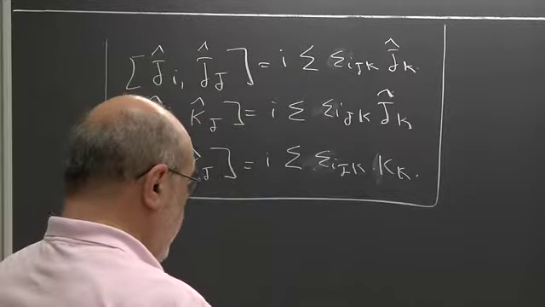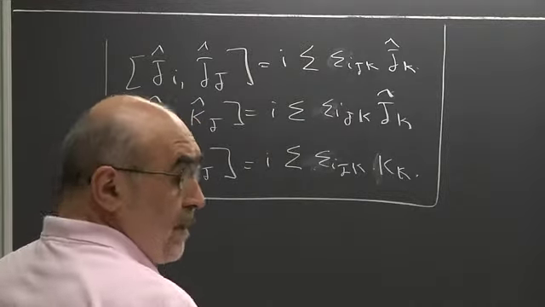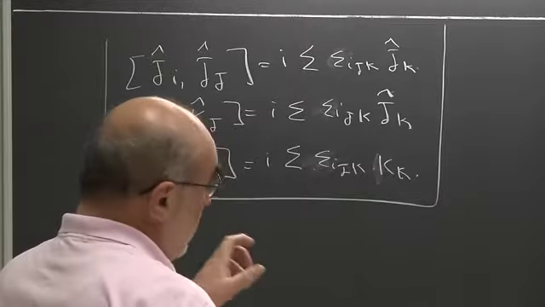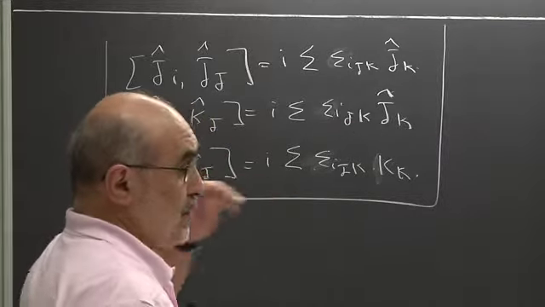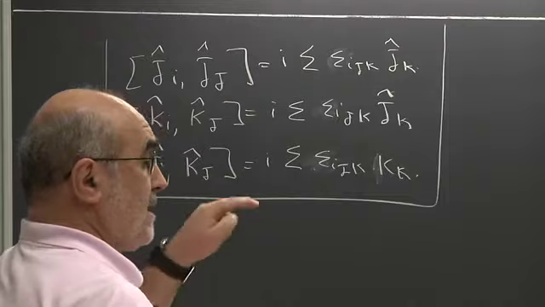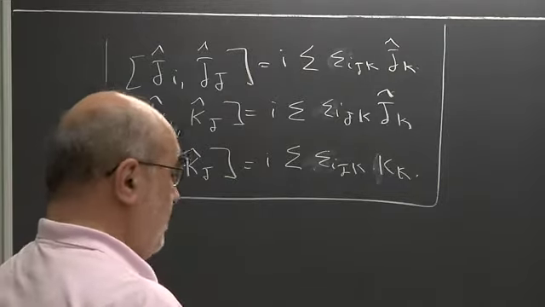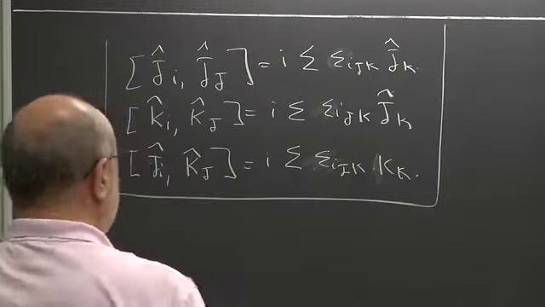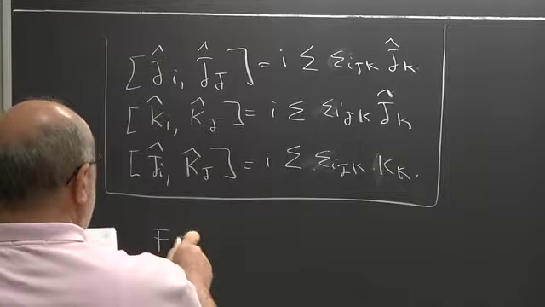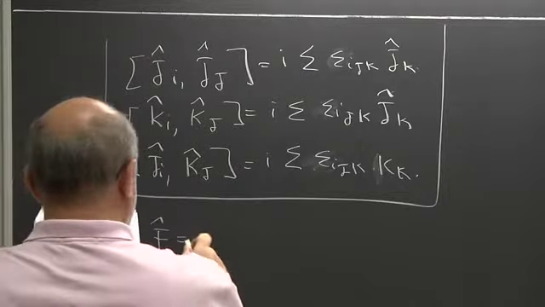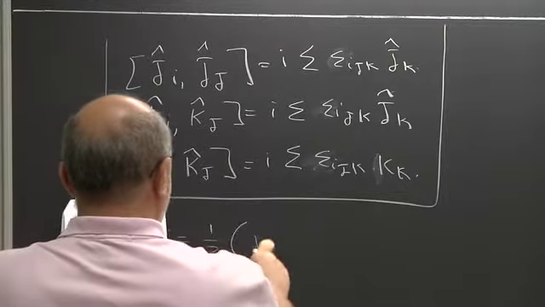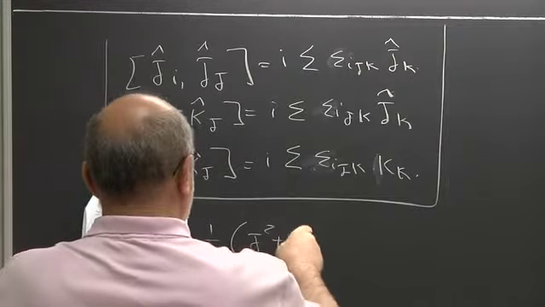In analogy with the rotation group, where you built a Casimir J squared that commutes with everybody, and you diagonalize that, we find out that there are 2 operators defined in this manner that commute with all 6 generators.